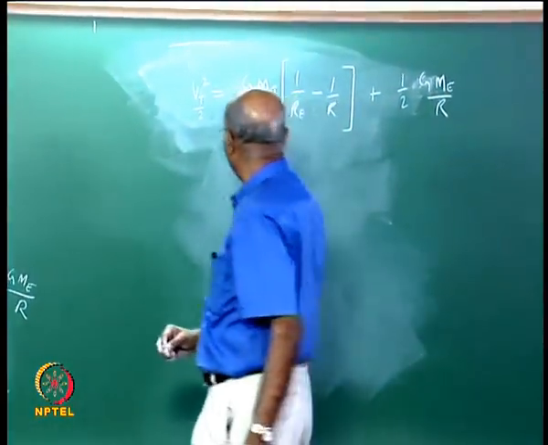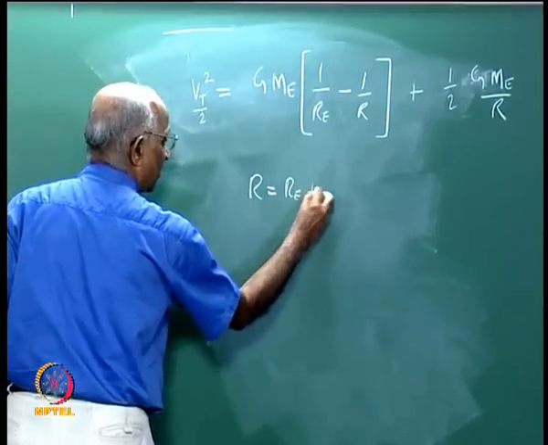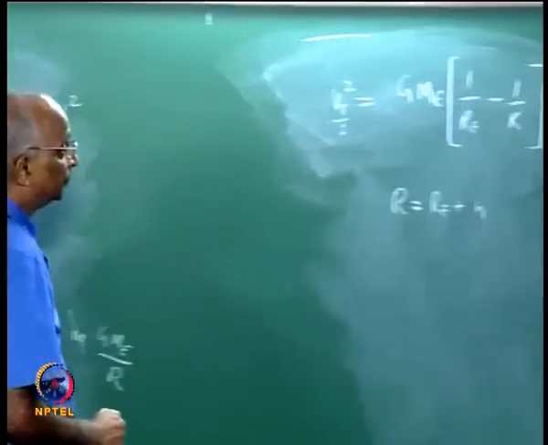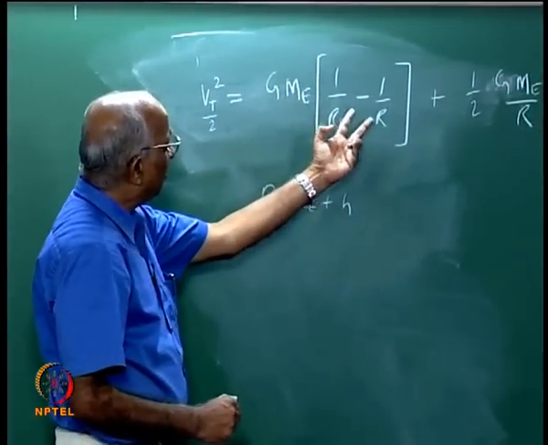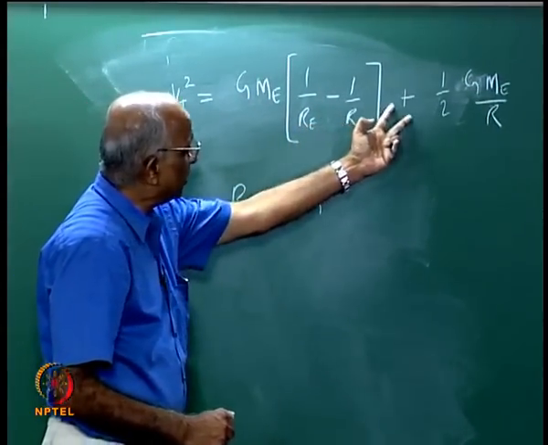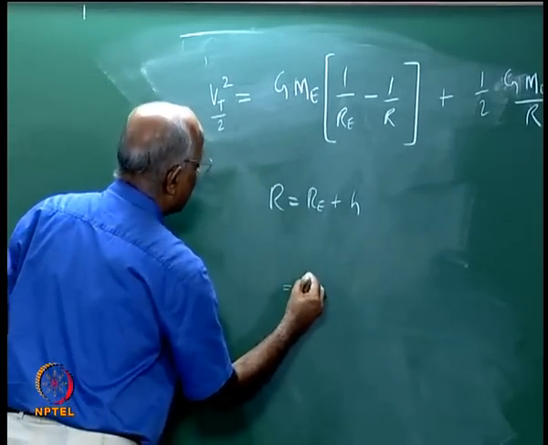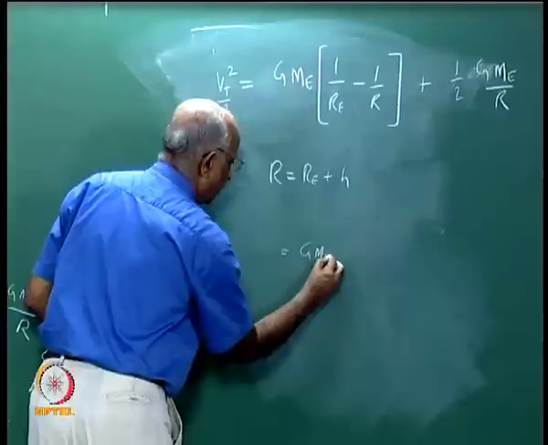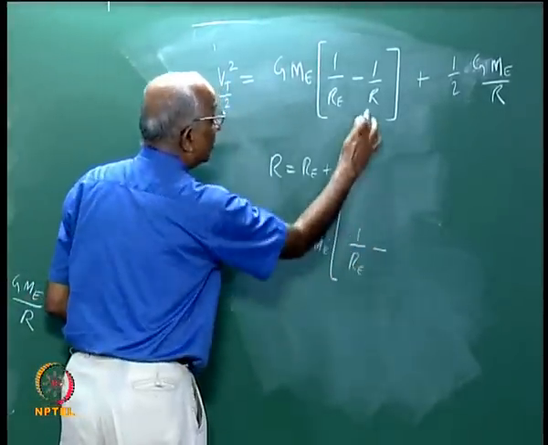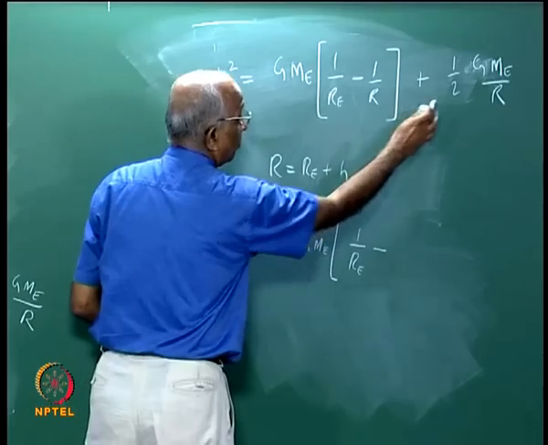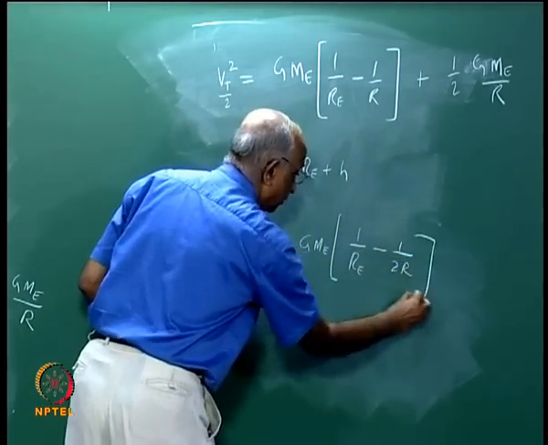Let us find out. We say r is equal to the radius of the earth plus h. Now the right hand side I can write as G me into 1 over Re minus 1 over r plus half, that is equal to minus 1 over 2r.